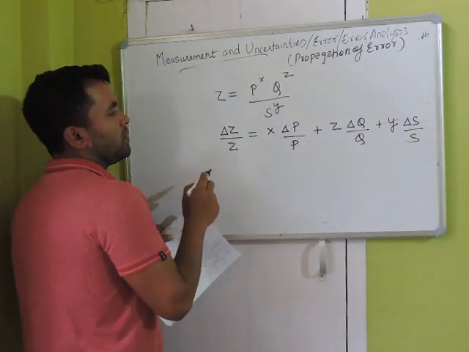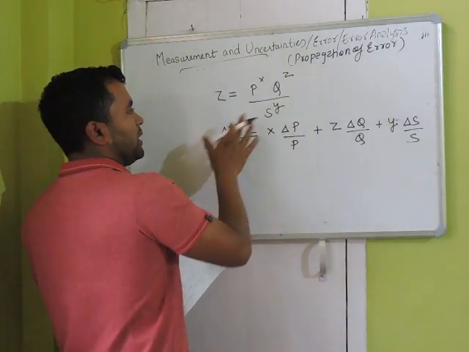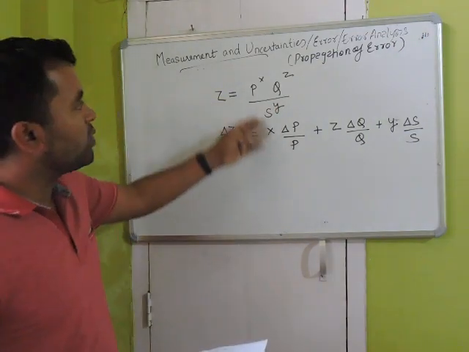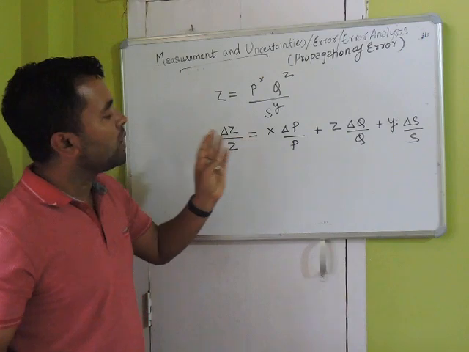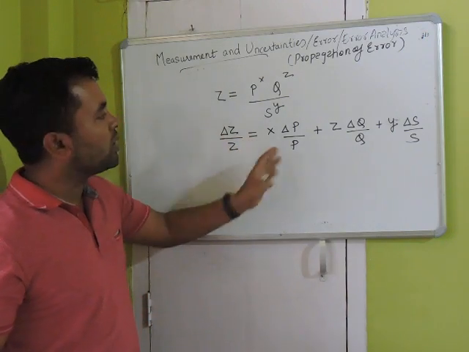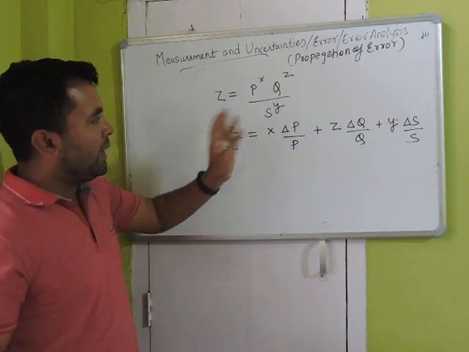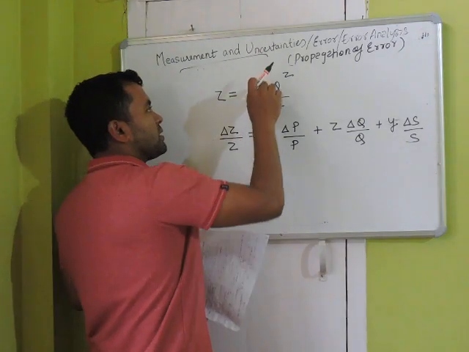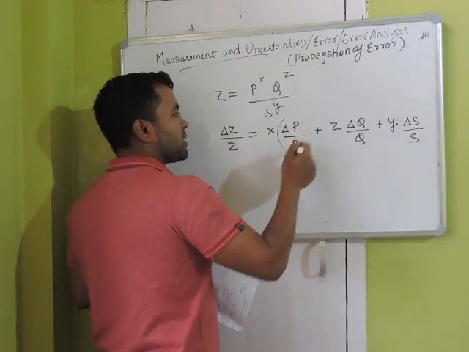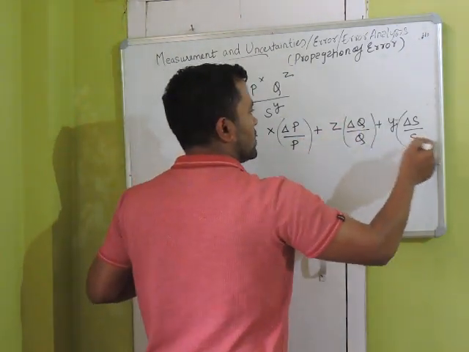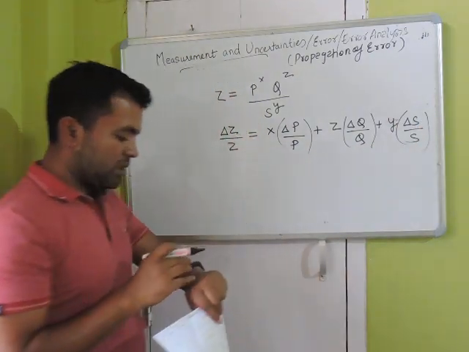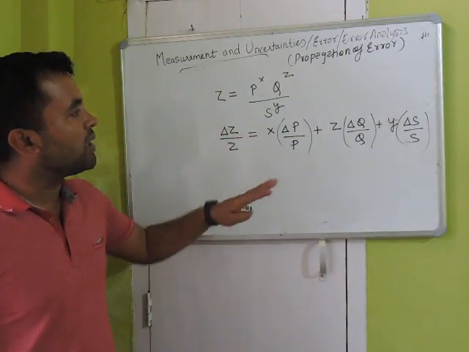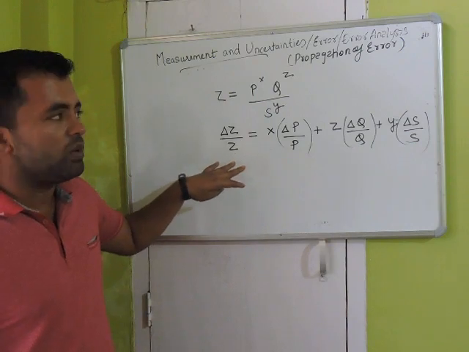Again you can ask from where to where you will get this. The answer is, using logarithm you can do that. Right now you just see this power multiplied by the fractional error in this. So if you pay attention, division and multiplication go by the same way only.